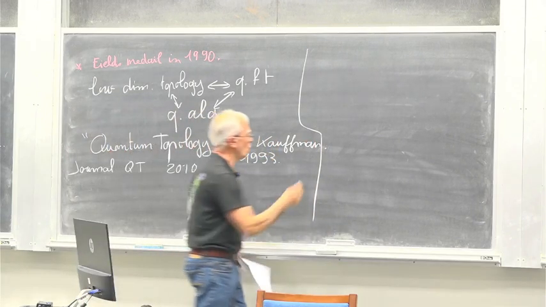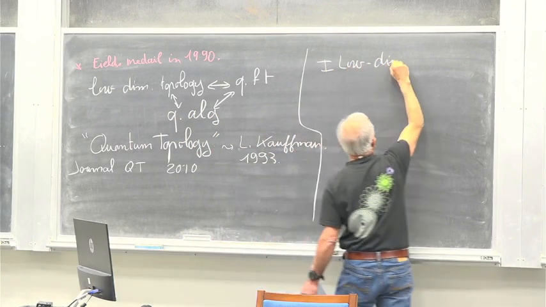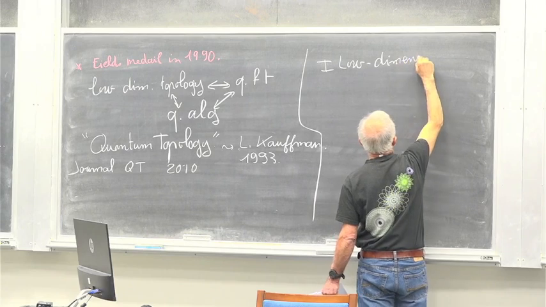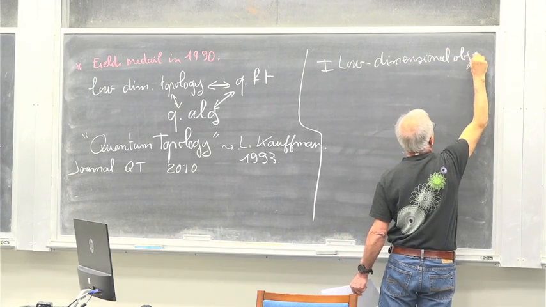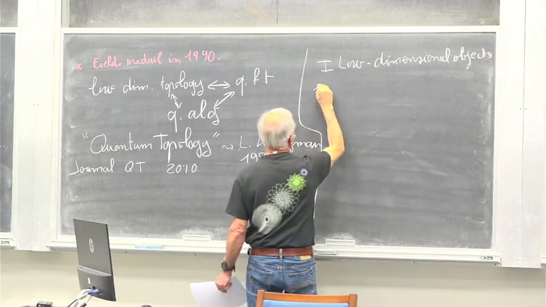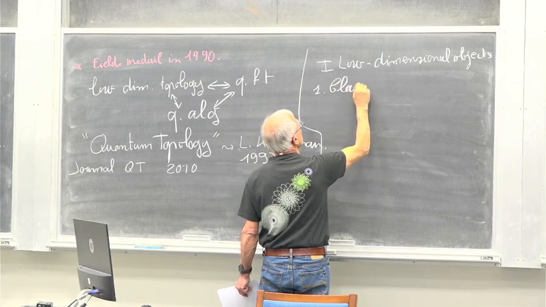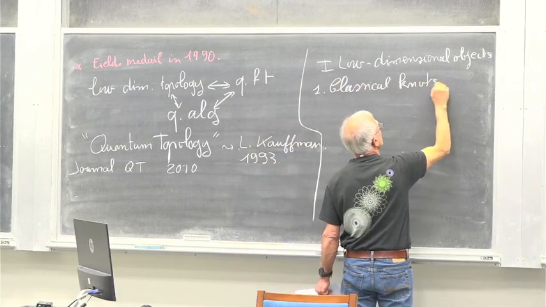So the first is about low-dimensional objects. The first is classical knots and links.